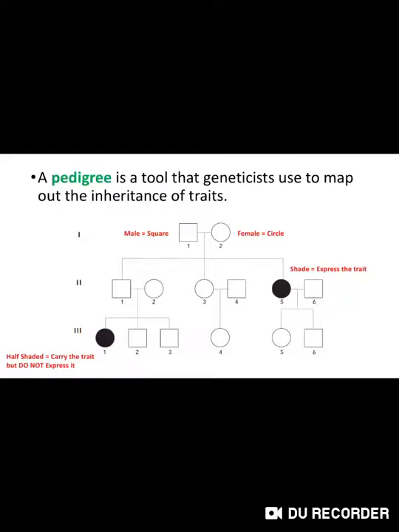So they have 2 females, because they are 2 circles, 3 and 5, and 1 male, which is number 1 from generation 2. Those people got married to other people, and you can see in generation 3, for example, how they had 2 males and 1 female. 1 female carries the trait.